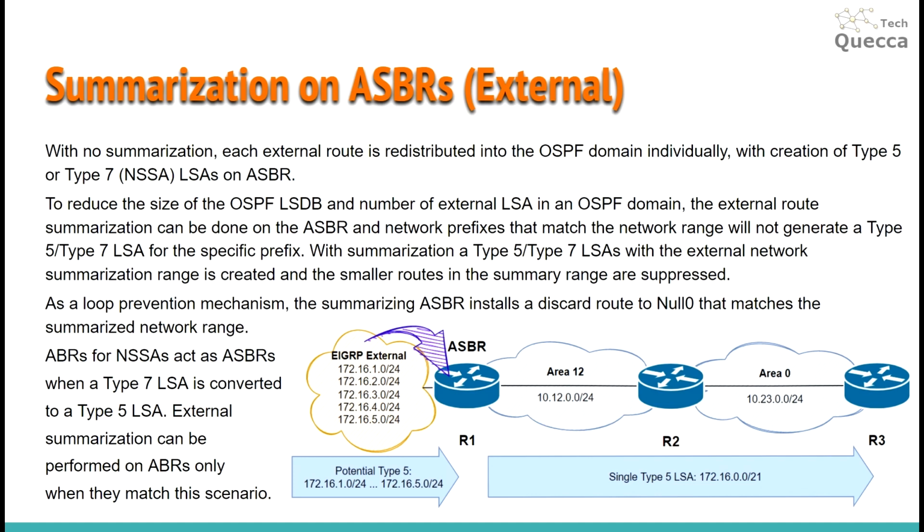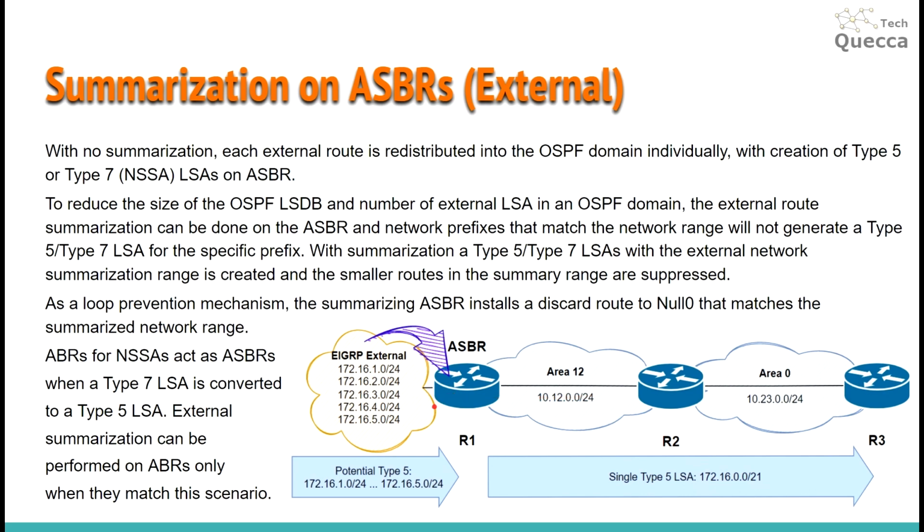As a loop prevention mechanism, the summarizing ASBR installs a discard route to null that matches the summarized network range. We saw this story on ABRs, when ASBR also creates a null route to the null interface. For example, it also has a default route, and R1 has a summarized route to 172.16.0.0.